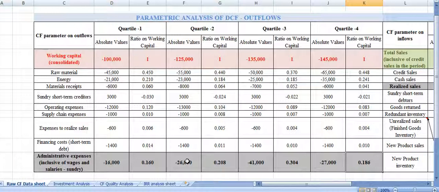So in a nutshell, friends, you will need to focus on what are the areas of concentration in the discounted cash flow method for the outflows.